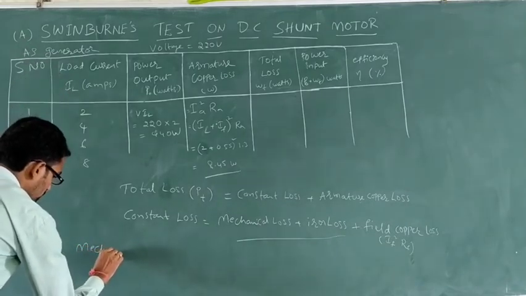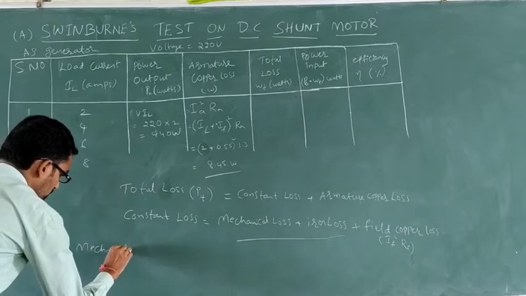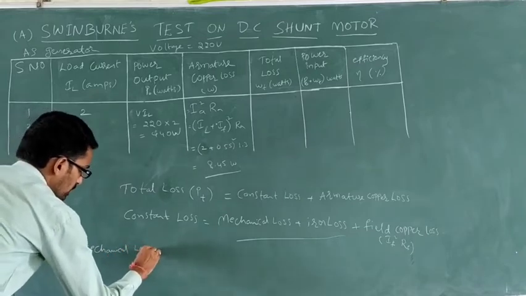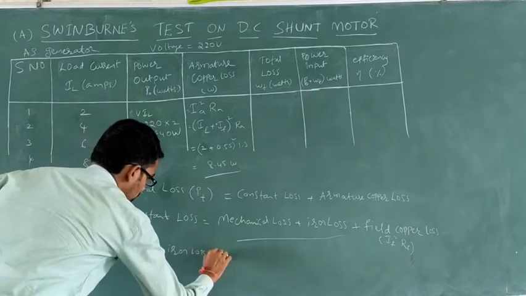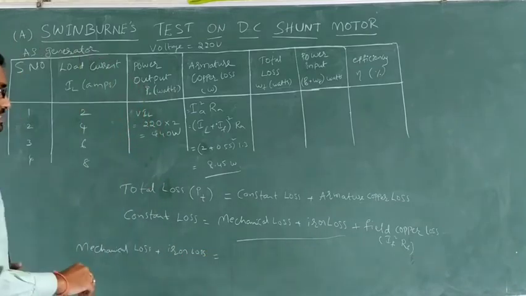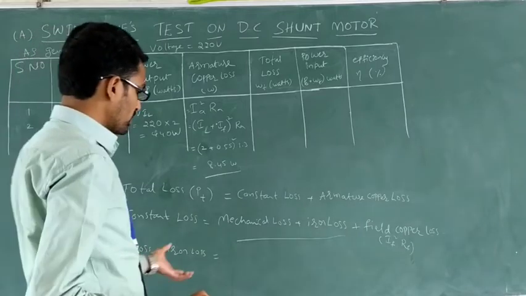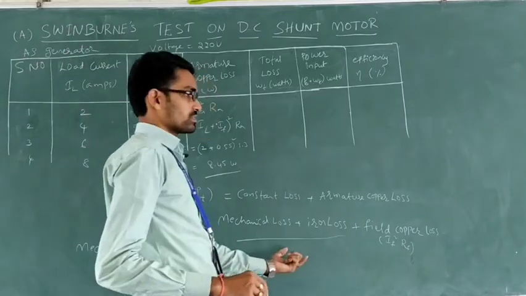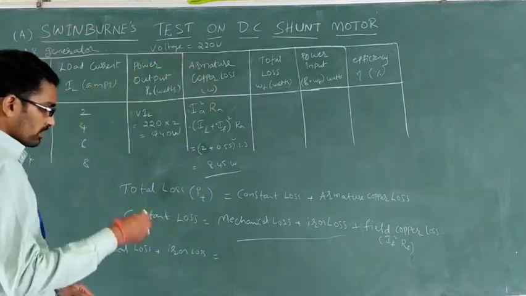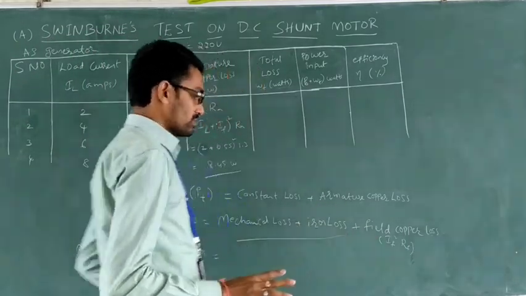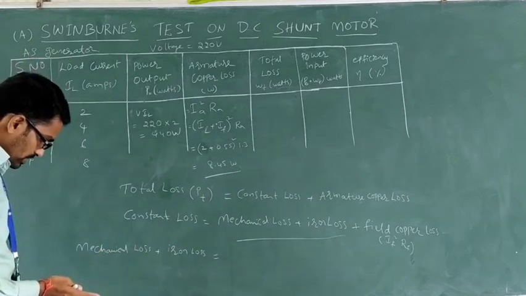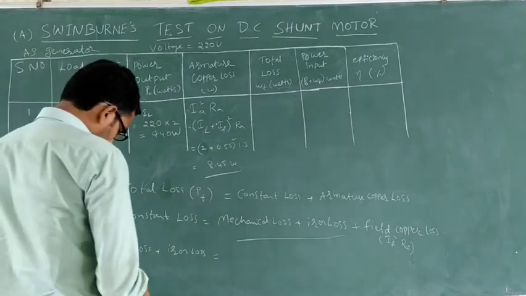Mechanical loss plus iron loss: as these losses are constant losses, I am converting them into the form of variable losses, because we know the armature copper loss and the field copper loss. So I am converting this equation in terms of those variable losses.